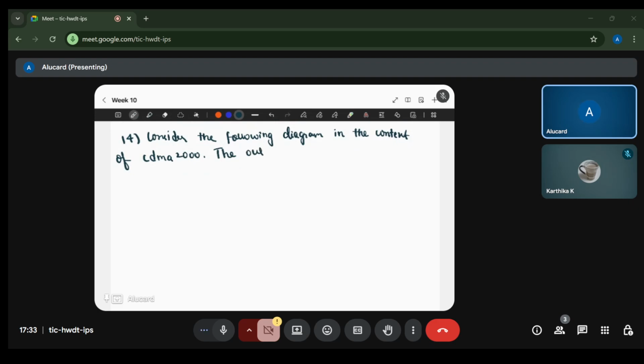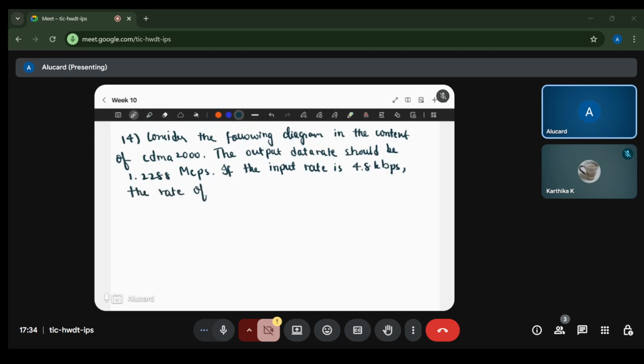The output data rate should be 1.2288 Mcps. If the input rate is 4.8 kilobits per second, what is the rate of the convolutional coder?